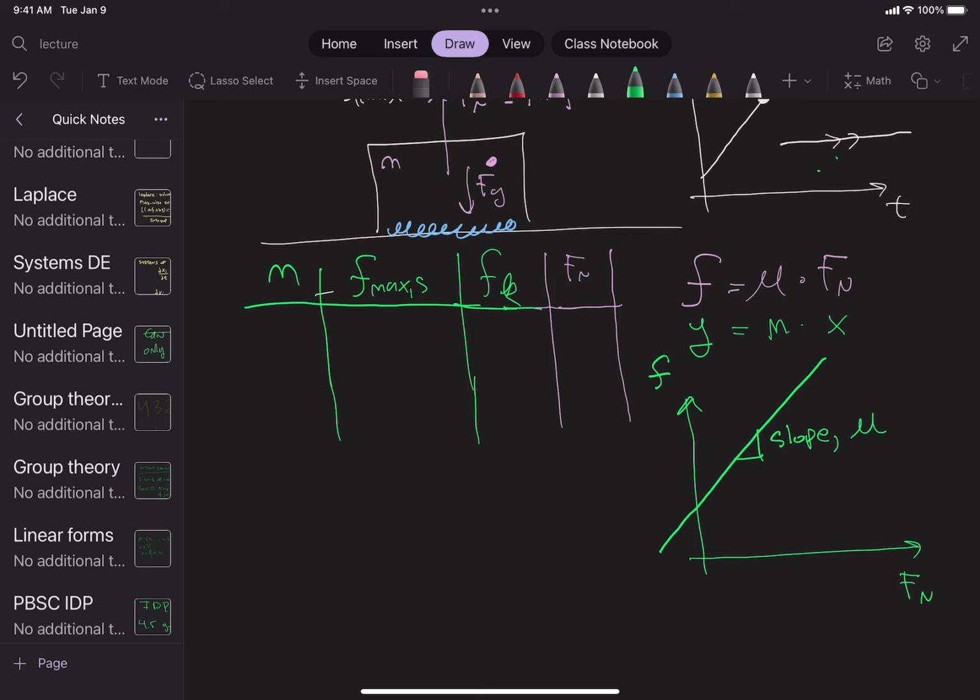So for each series of mass, you're going to measure the friction forces, and you're going to calculate the normal force. And once you do that, then you're going to plot friction versus the normal force, and that will give you a value for the coefficient of friction.